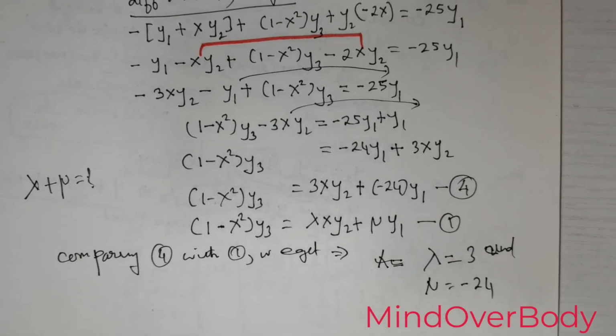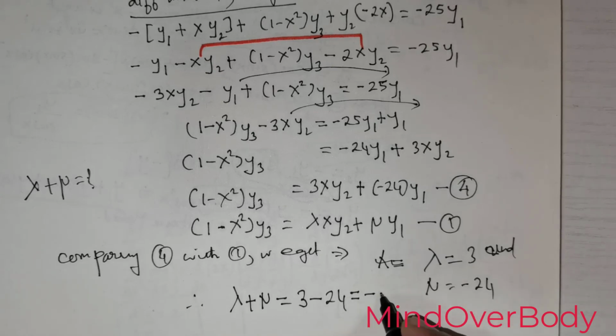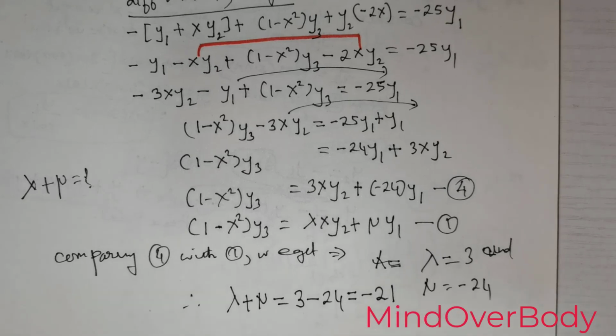So this is what we have got. From here, what is lambda plus mu? Therefore lambda added with mu is equal to, lambda is 3 and mu is negative 24, so this is going to give me negative 21.